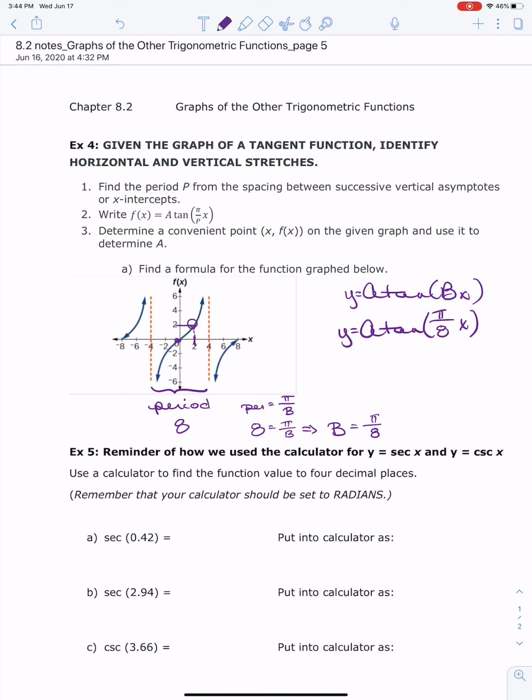That should give us the a, because it's not at 1, which is what we would expect for that point. It's 2. So we know that our a, our multiplier, is 2. So we end up with 2 tangent pi over 8 times x, and that is it.